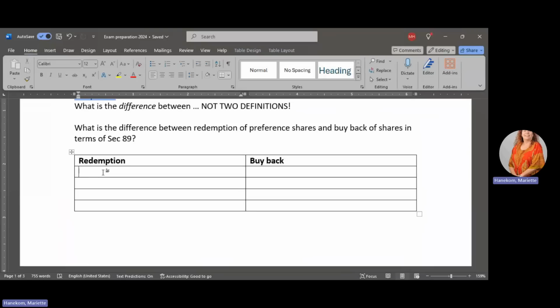We'll get to that later in this class as well. But this question is not asking you about the procedure to be followed when a company wants to buy back its own shares. It wants to know what is the difference between these two statutory provisions. So the first difference, redemption of preference shares.